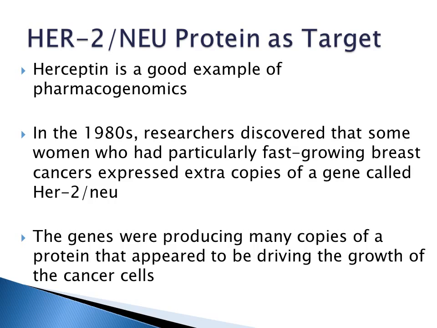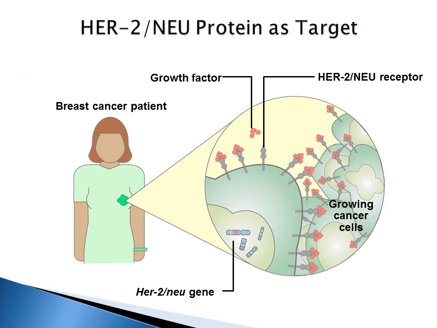The genes were producing many copies of a protein that appeared to be driving the growth of the cancer cells, so enhancing their growth. So you can see in this slide that there's a breast cancer patient, and this patient's cells have the HER2/neu gene, and the cells have the HER2/neu receptor, which are binding to a growth factor, causing these cells to grow very rapidly.